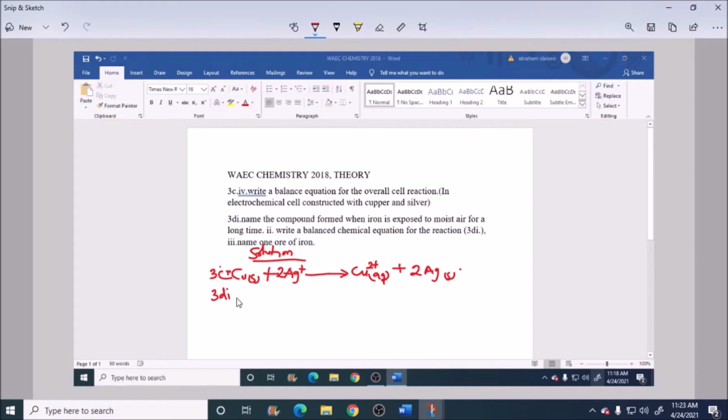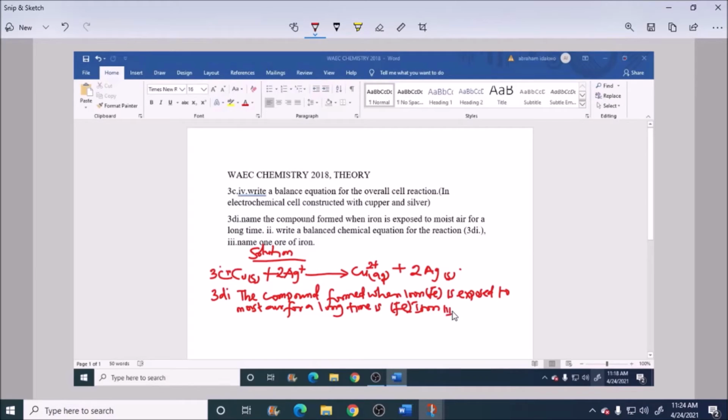So the compound formed when iron, that is Fe, is exposed to moist air for a long time is iron 3 oxide.